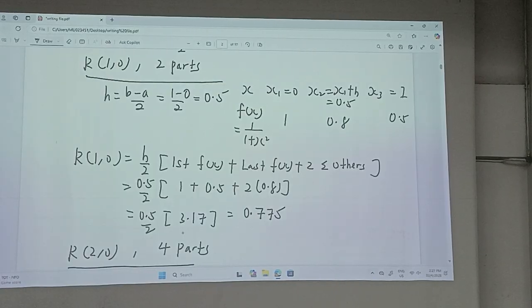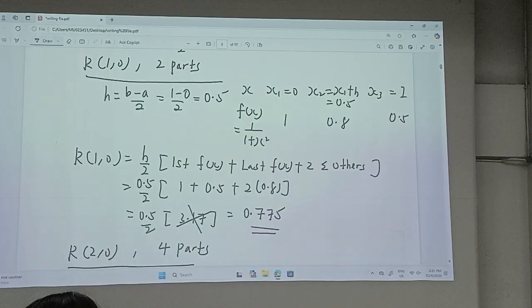Or this one? 1.6. 2.6. Such a long way, right? The final answer is correct.